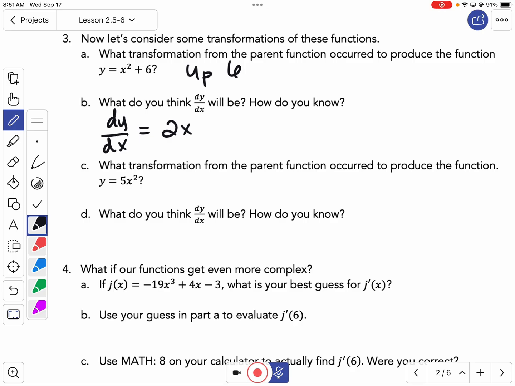What do you think? Yeah, that transformation doesn't change the shape of the function, right? So because that transformation does not change the shape of the function.